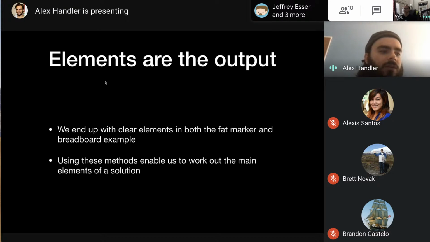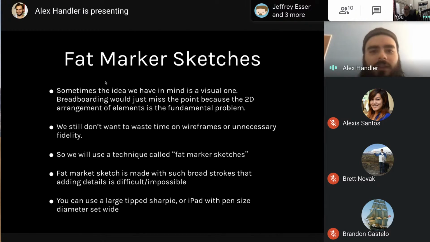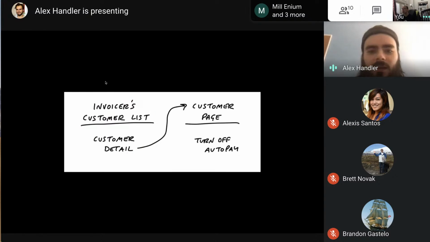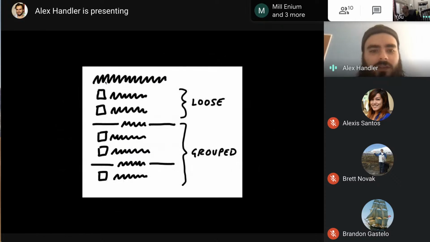So the whole point of both of these is to work through the problems you're trying to solve and have these elements as the output. In the autopay example, the elements are things like these pages and these affordances, and in the to-dos one, it's things like these grouped lists and these loose lists.